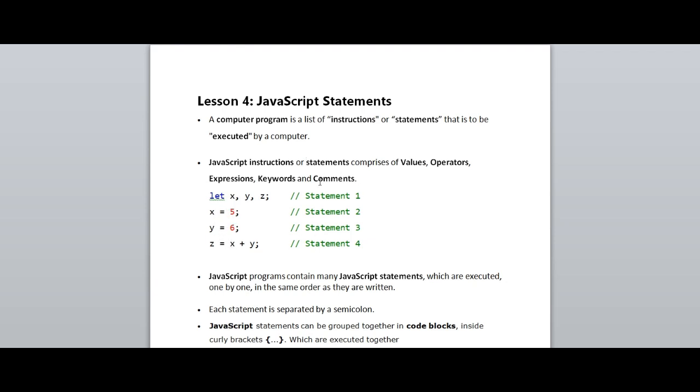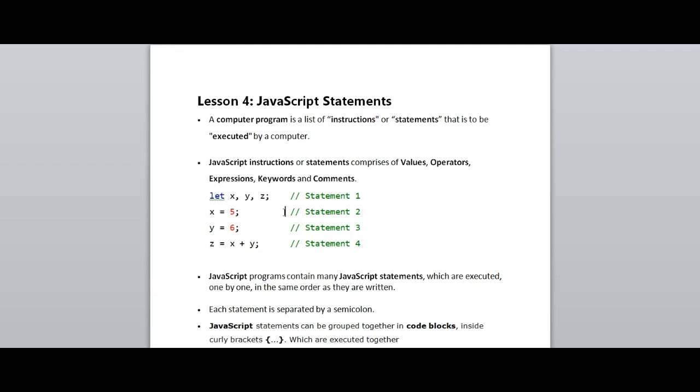Then finally, comments. Comments are the statements you make in a program to tell the audience or remind yourself of what is being done in that statement. For example, we put a statement here which starts with a double slash: statement 1, statement 2, statement 3. So every JavaScript instruction has values, operators, expressions, keywords, and comments.